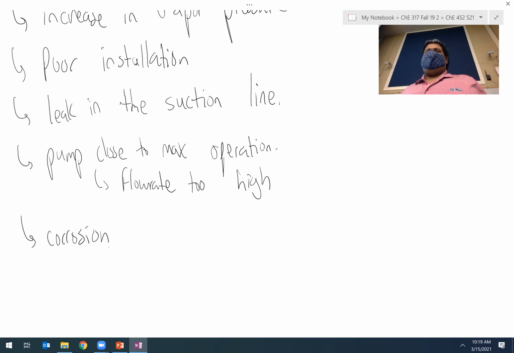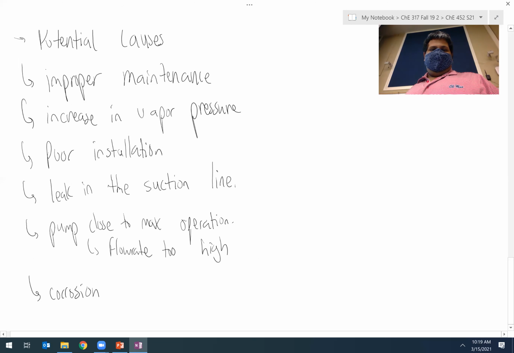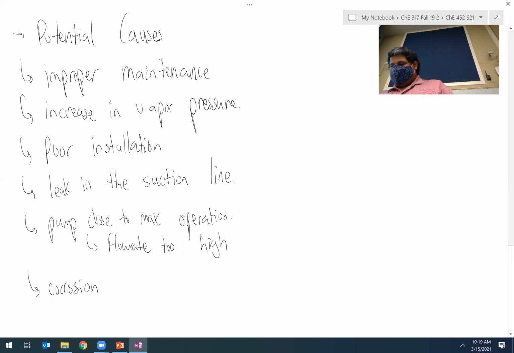So then my question is, improper maintenance, increase in vapor pressure, poor installation. Can we do any sort of checking with any of this? Or is this something that we're just gonna have to go doing in a plant? What do you think?